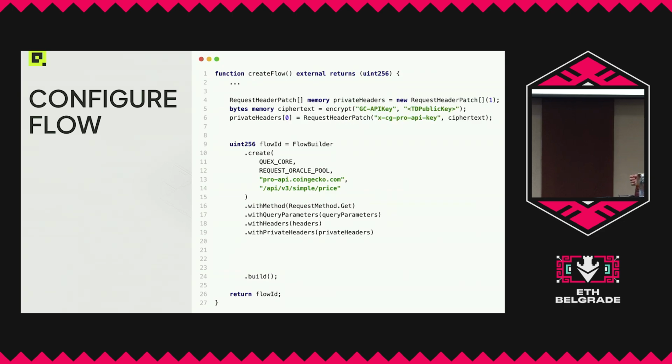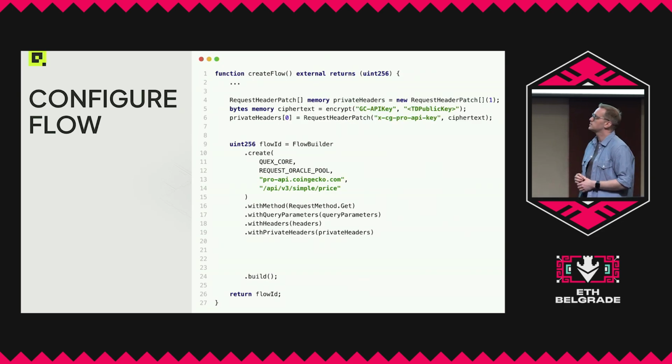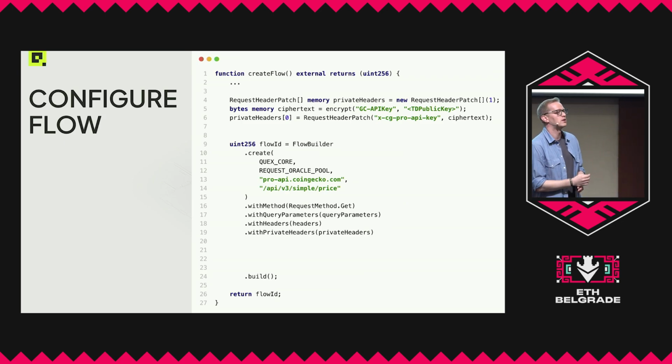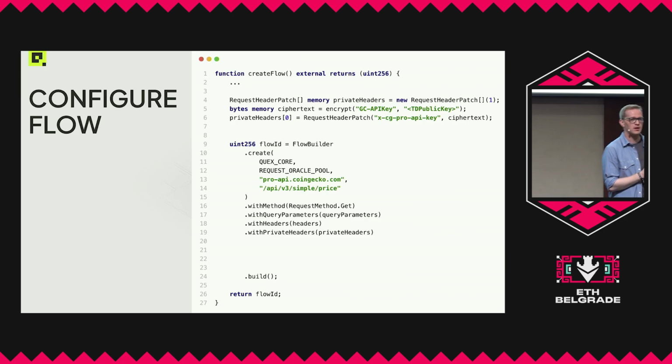A little bit more complicated with sensitive data. So our API key to CoinGecko. Firstly, we need to encrypt this data with the trusted domain public key.